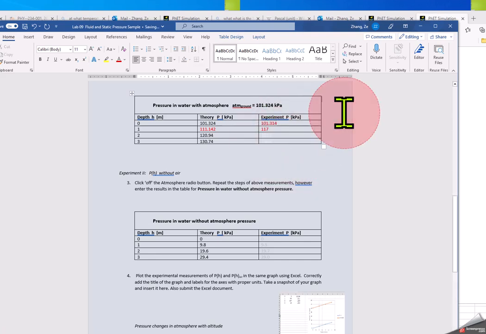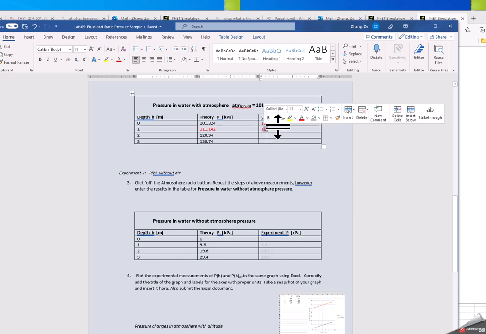Every time is a little bit different because of different weather, different pressure. You hear the meteorologists say atmosphere pressure was so and so, but it's all around 101 something. The difference is only in the last few digits. But then you go 1 meter down, it will be about 10 kilopascal higher.